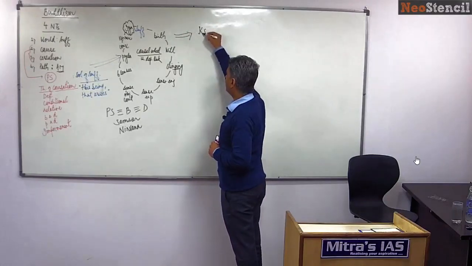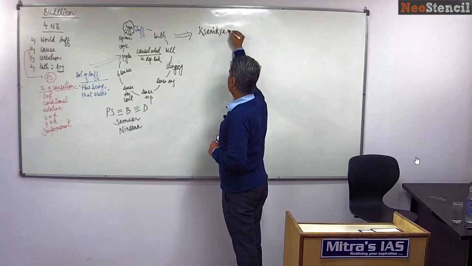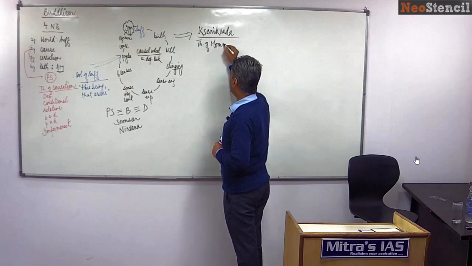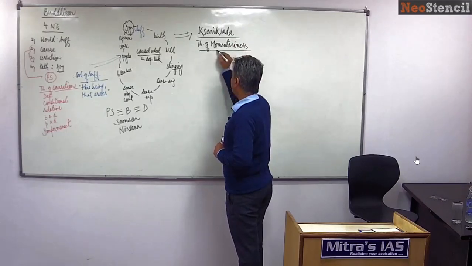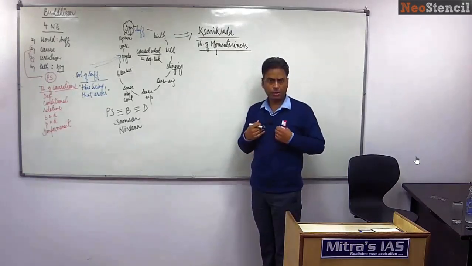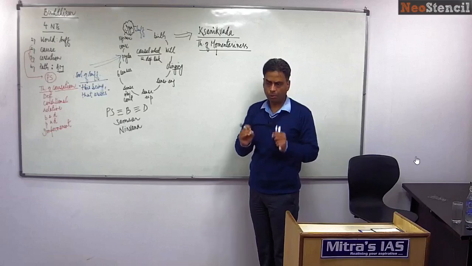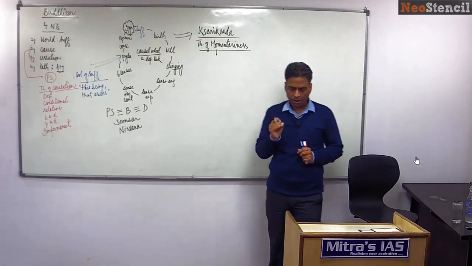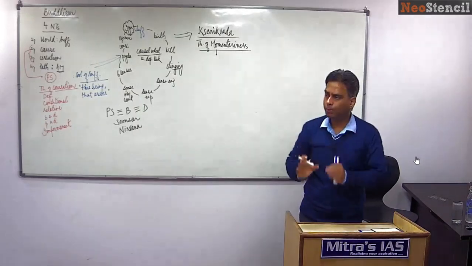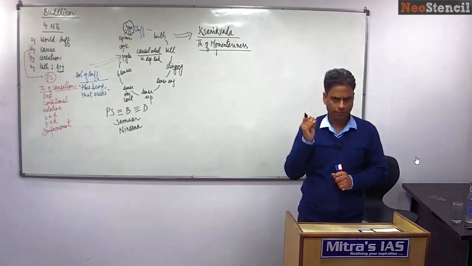And this is where we have Kshanikvad, that is nothing but the theory of momentariness. This is what we had already discussed. A thing exists for a moment alone. I exist for a kshana, for a moment, but this moment is beyond a time frame. This is only a metaphysical moment. We can only think of it.